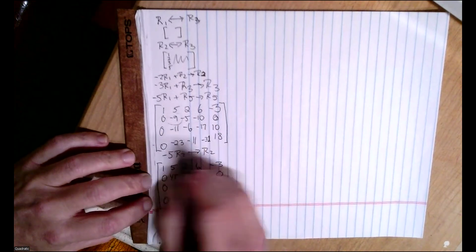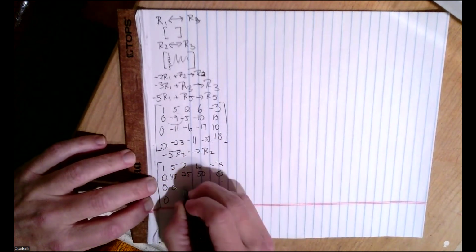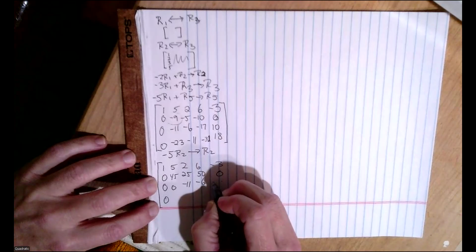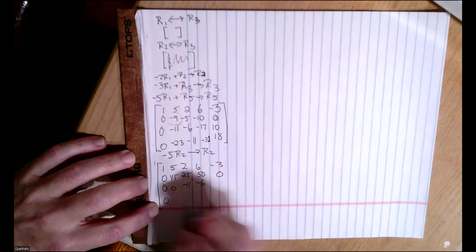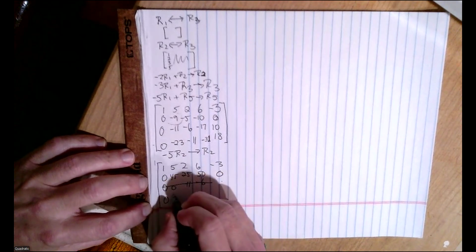And these bottom two rows were never affected, so I'm just going to copy them over. 0, negative 11, negative 6, negative 17 and 10. Oh, I put an extra 0, sorry about that.